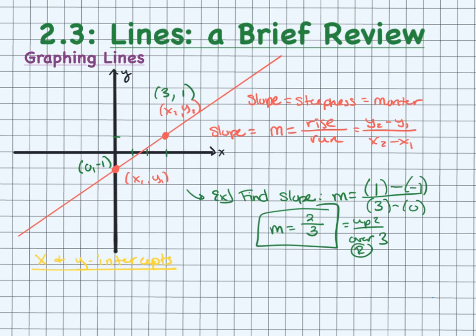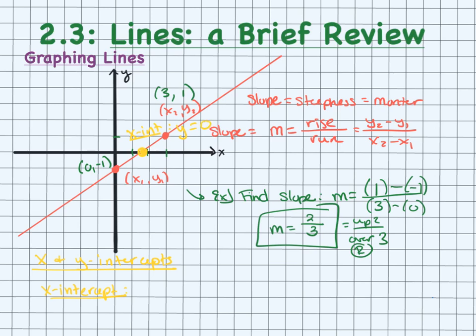Taking a look at the x-intercept, that's whenever our graph touches the x-axis. So this would be the x-intercept. And what I want you to notice about the x-intercept is, depending on where your line is, that x-intercept could be anywhere, but it has to be touching the x-axis. If it's touching the x-axis, then there can only be one possible y value.